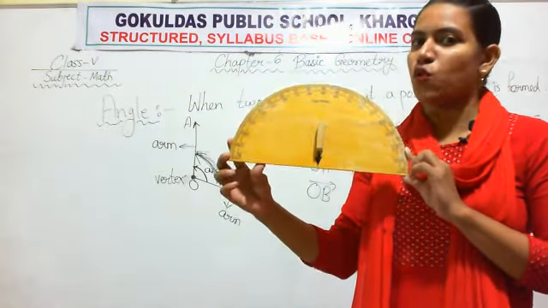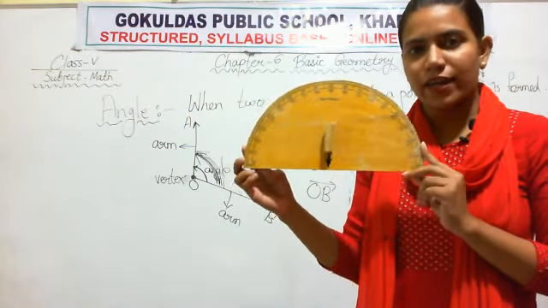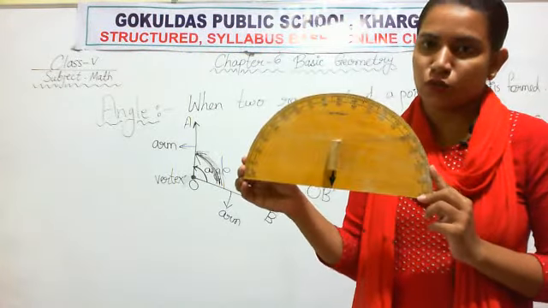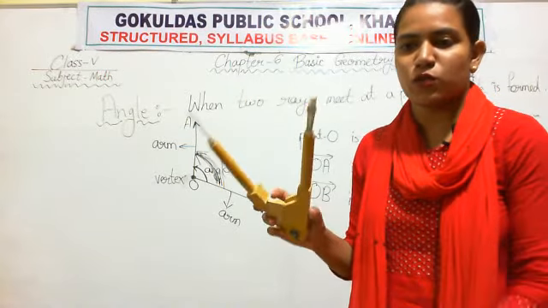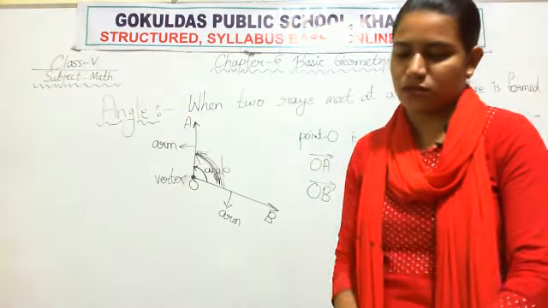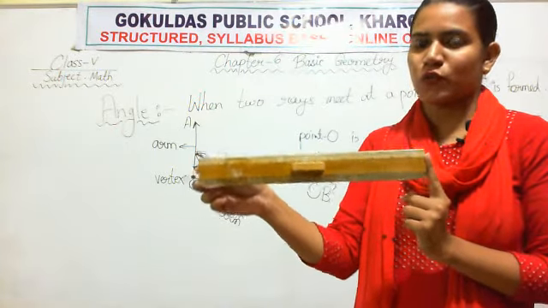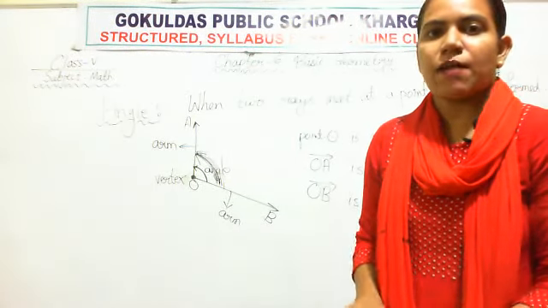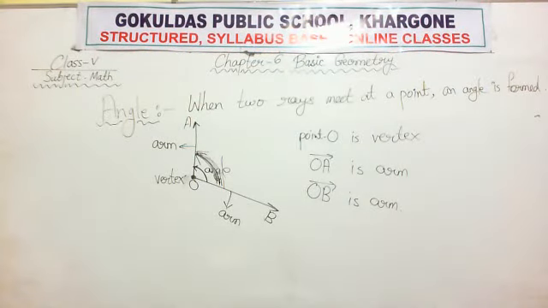So this instrument is known as protractor. It is used to measure and draw angles. This is divider. It is used to draw circles. This tool, scale, is used to draw straight lines. So in this chapter you will require all these things. So be ready with your geometry box.